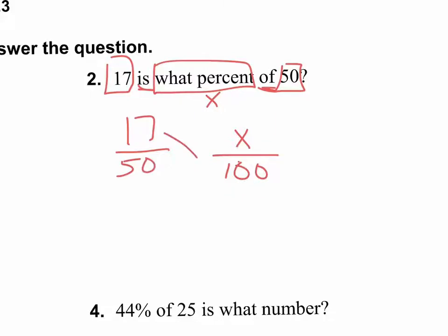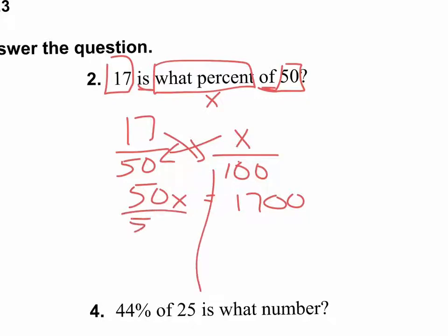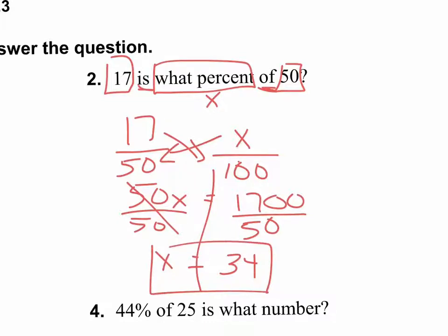And now we do our cross product. 17 times 100 is 1700. x times 50, we get 50x over here. Set them equal, draw our line, divide by 50. x will be equal to 34. And that would be your answer, okay?